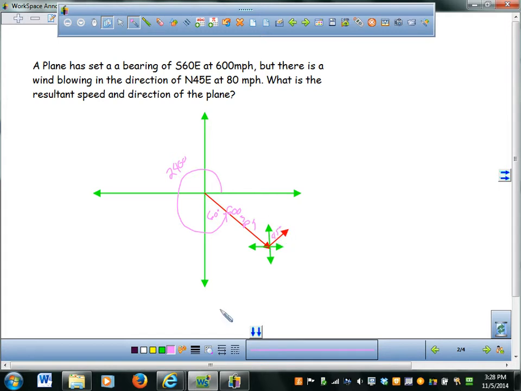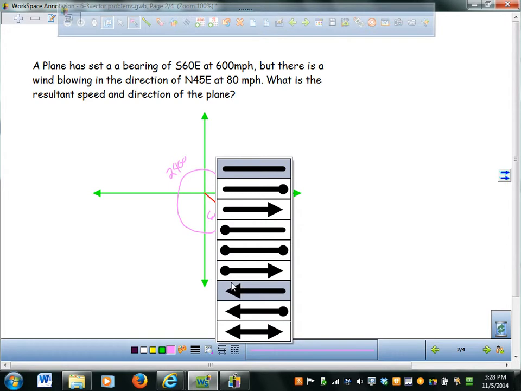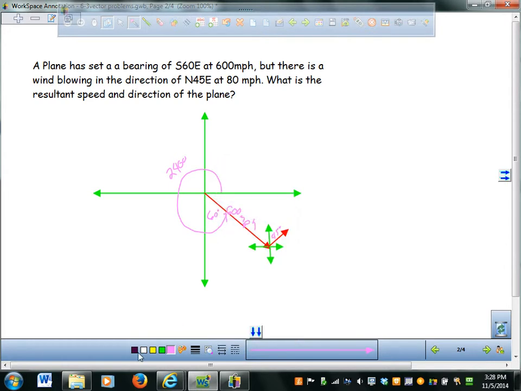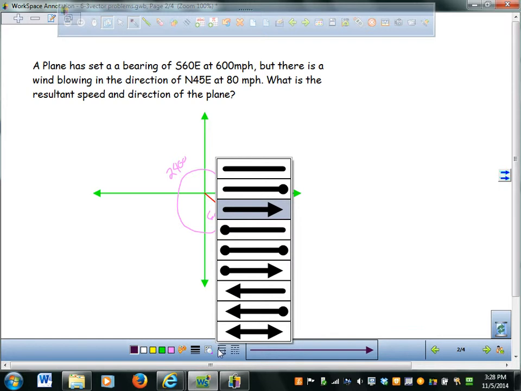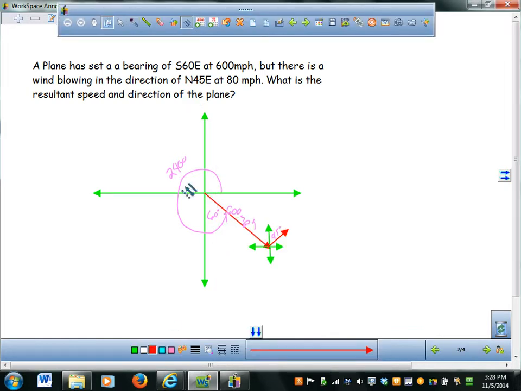And then the resultant vector, which is what you're looking for, the resultant speed and direction, is going to look like this one. I want my line tool, and I want it to be a different color.